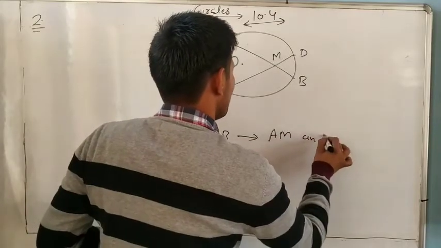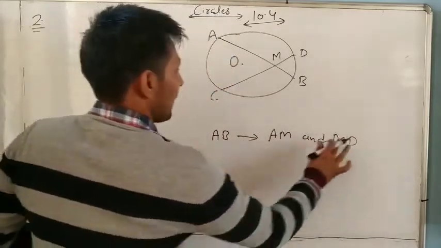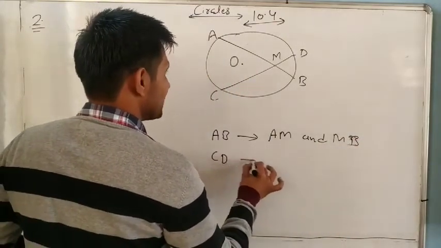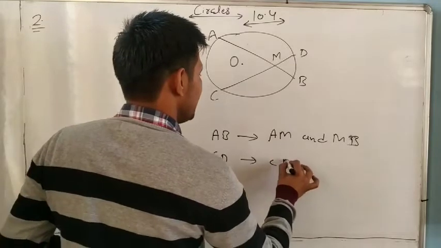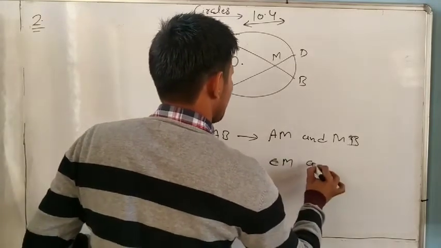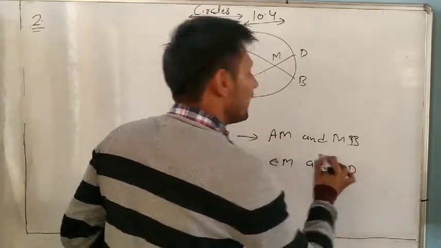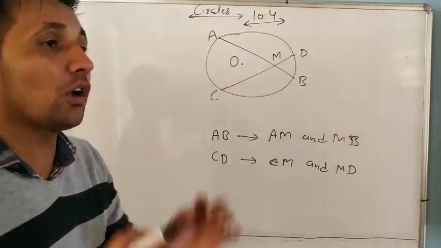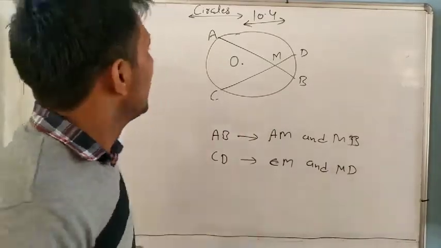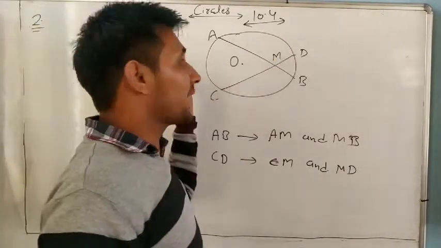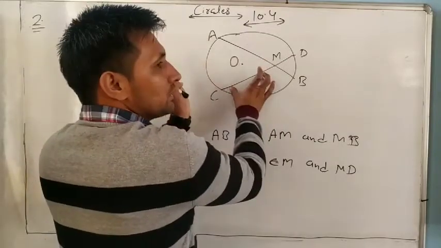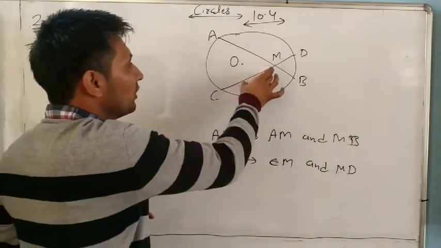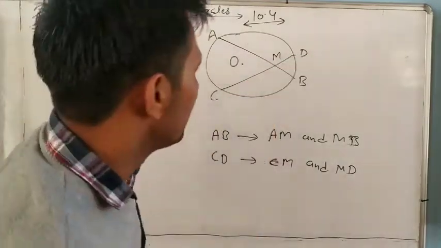AM and CM are on the same side, and MD and MB are on the same side. So AM equals CM, and MD equals MB.